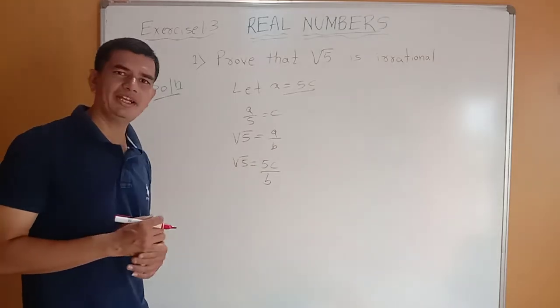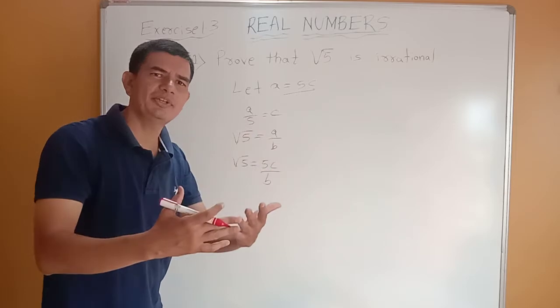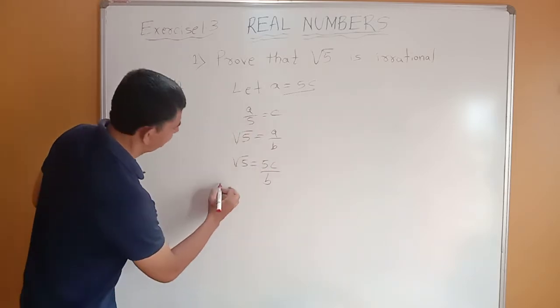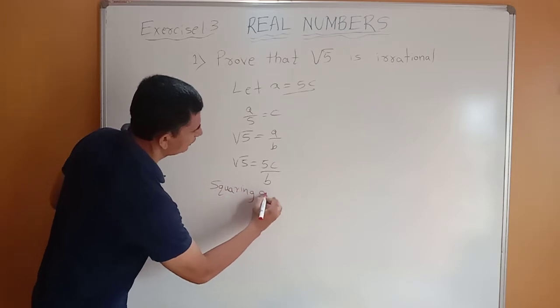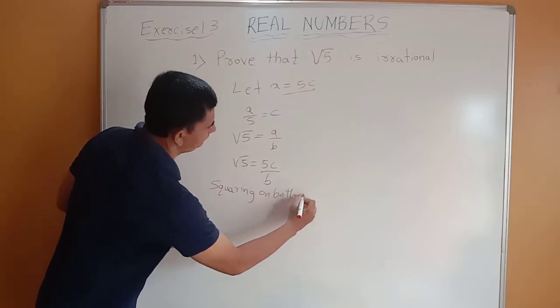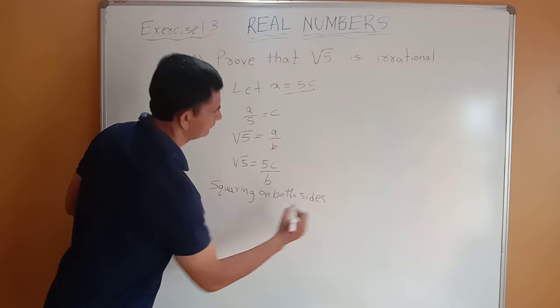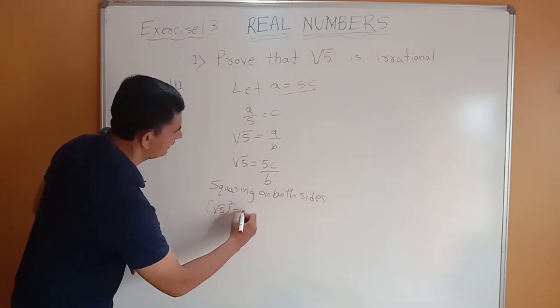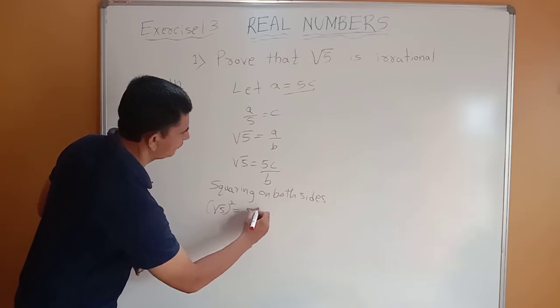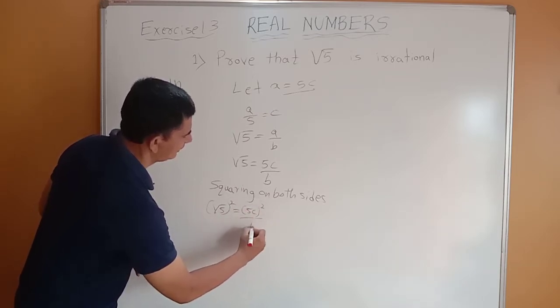To remove the square, again we have to do the same step, means squaring on both sides. Here root 5 square, here 5c square by b square.